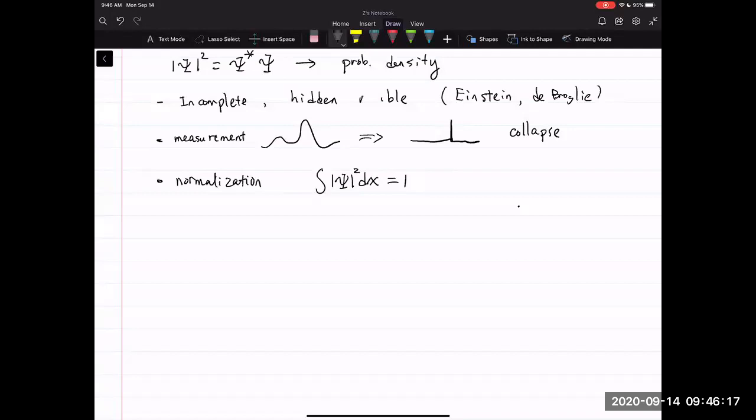So integrating the wave function squared, we should get 1. So the wave function itself is normalized.